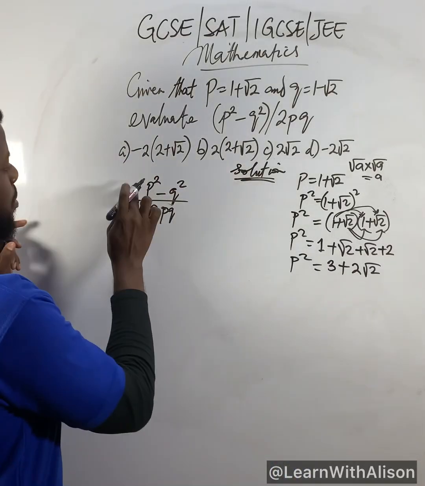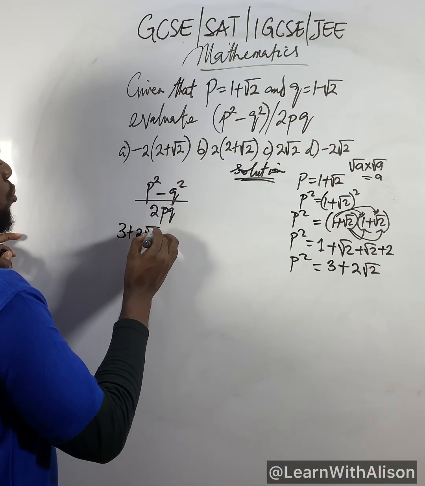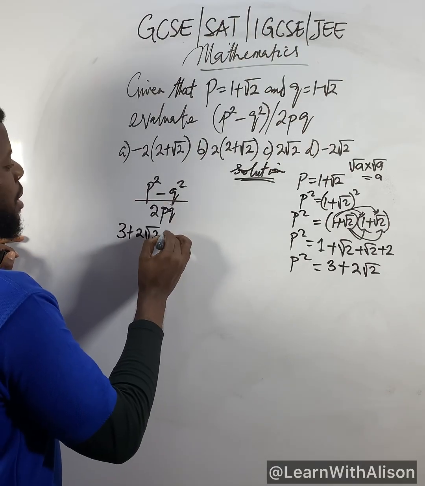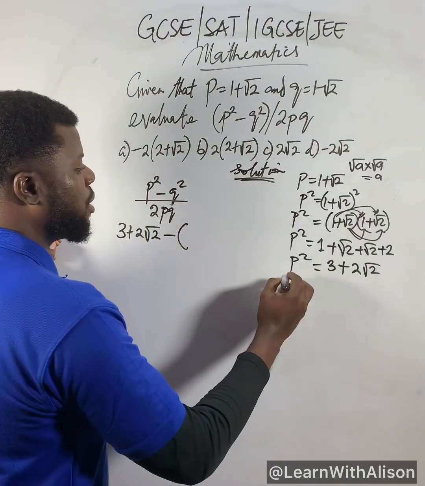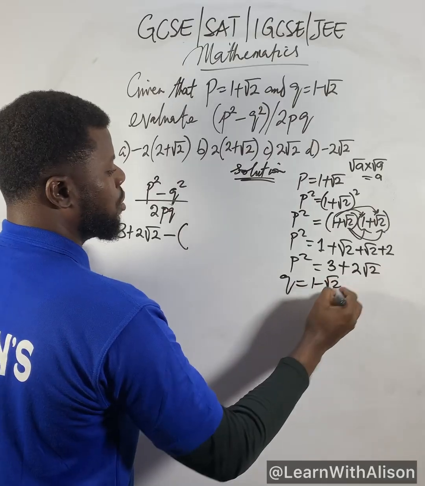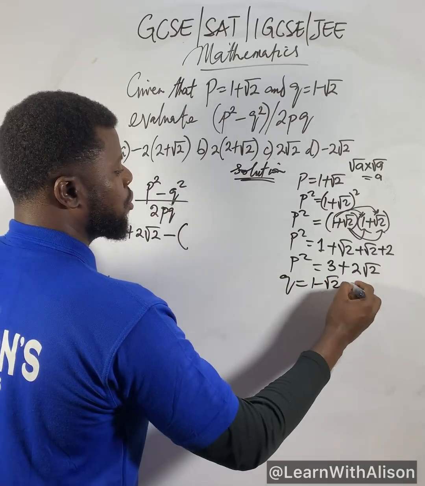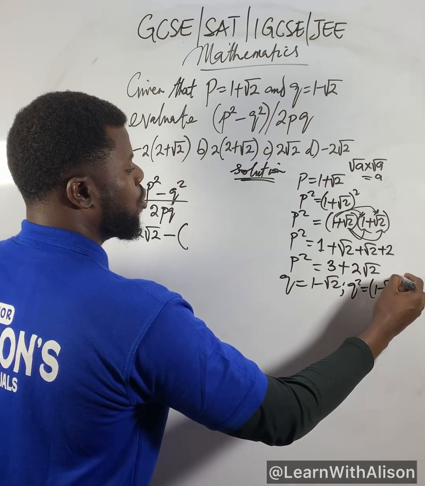Let's bring it here. In place of P squared, we have 3 plus 2 root 2. Then minus, let's open brackets to wait for Q squared. So we know that Q is given as 1 minus root 2. That means Q squared will be equal to 1 minus root 2 all squared.